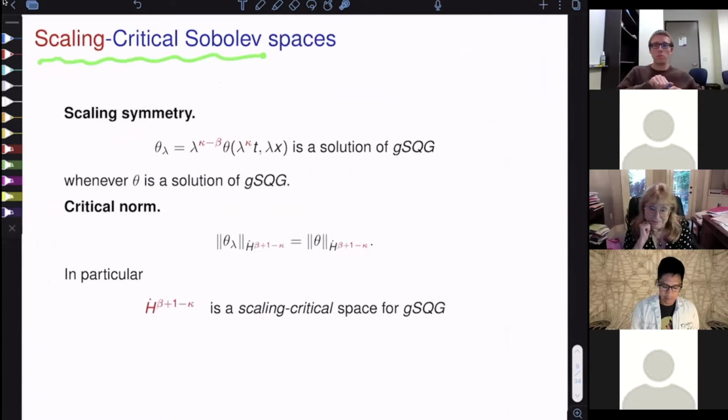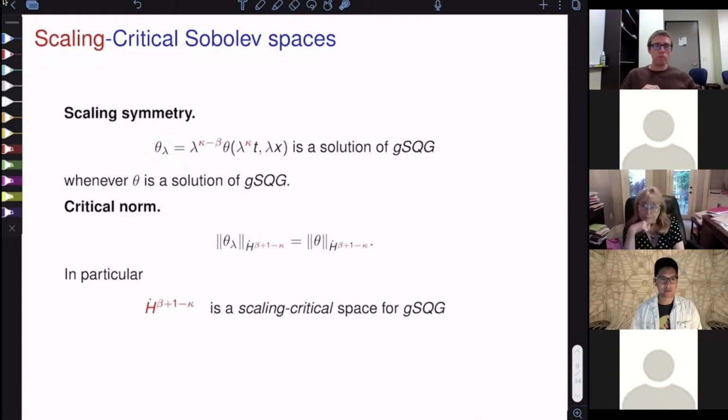So where we will be working is the so-called scaling critical Sobolev spaces. The GSQG equations, as you may know, have the following scaling symmetry, in the sense that if theta is a solution to the GSQG equations, and then you rescale theta in this way, then this function will also be a solution of the GSQG equation with the initial data also rescaled appropriately.